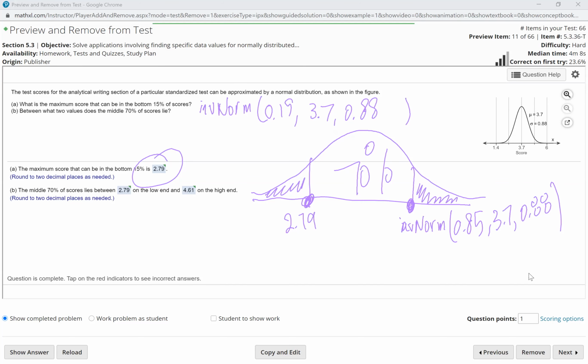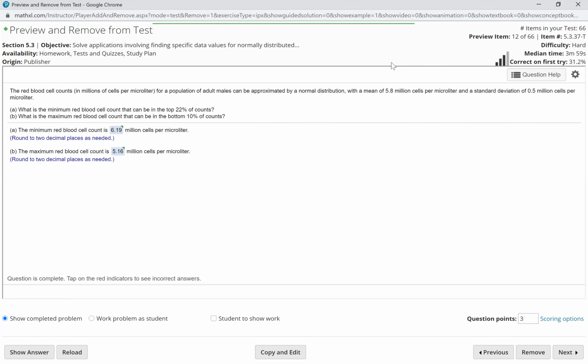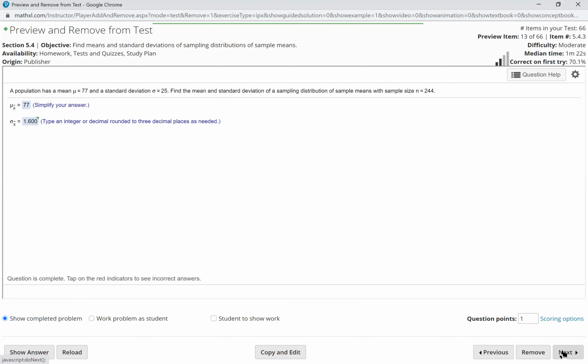All right. Next, let me clear the drawing. Another question similar to the one that I did. Okay, here. What's the mean and the standard deviation of the sampling distribution? If you're working with sample means, the mean will be the same as the mean of the original population, but the standard deviation will be the original standard deviation divided by the square root of the sample size, which is 244.